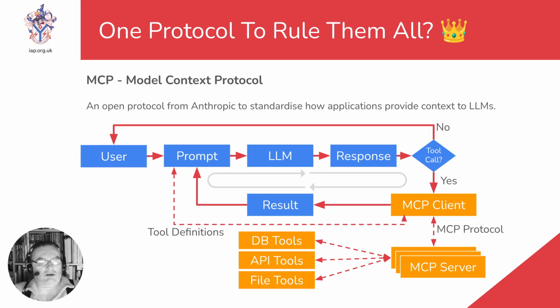The MCP server responds to the client with a list of tool definitions. When a tool needs to be called, the client passes the request to an MCP server. The server calls the tools and returns the result to the MCP client. The tool result is then appended to the chat history and sent back to the model.